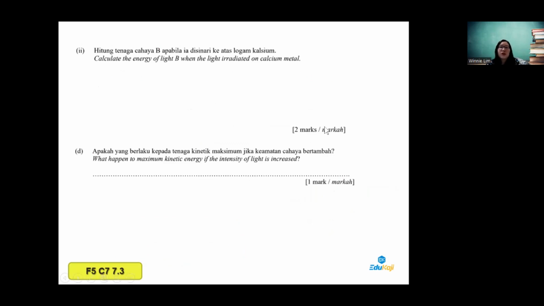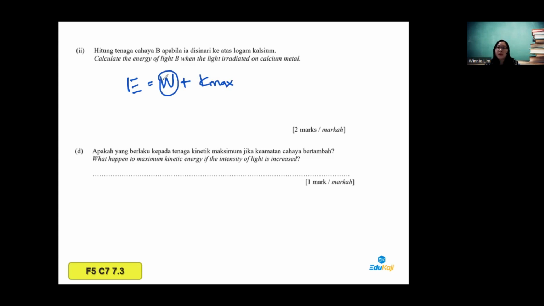Next, calculate the energy of light B when the light is irradiated on the calcium metal. You have to use the concept of the photoelectric effect or the Einstein equation, which is E equals work function plus K max.